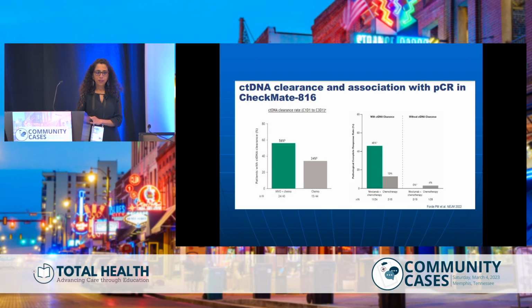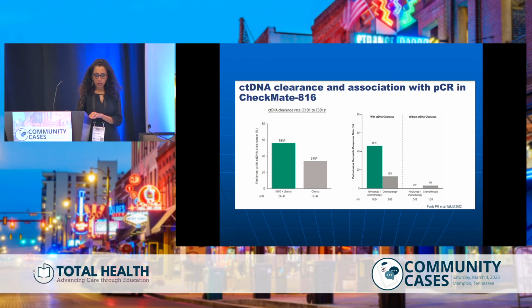So what about ctDNA? Circulating tumor DNA has been looked at. This is a hot topic from a biomarker perspective. This can be done in the office, very easy to do, easy to track.